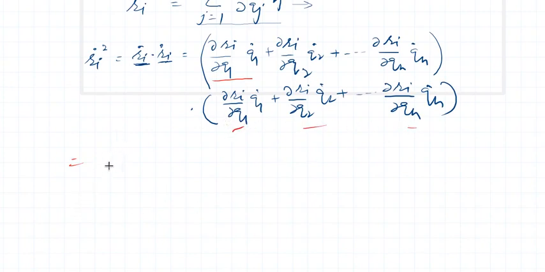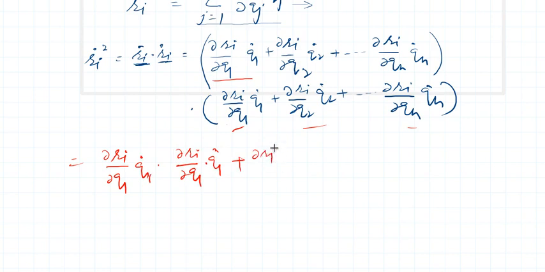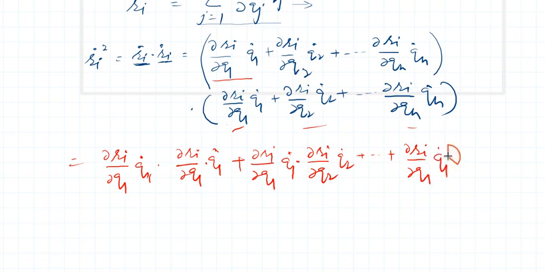So it can be written as ∂Ri/∂q1 q1 dot into ∂Ri/∂q1 q1 dot, plus ∂Ri/∂q1 q1 dot into ∂Ri/∂q2 q2 dot, plus and so on, plus ∂Ri/∂q1 q1 dot into ∂Ri/∂qn qn dot.